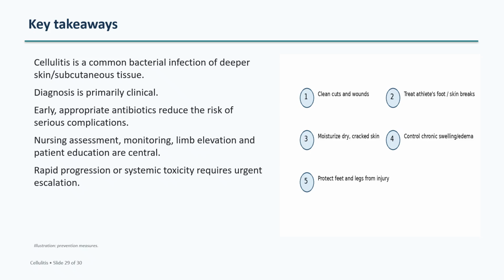We also learned what nursing assessment is required in the patient, and how much monitoring is needed. We also learned about limb elevation required in this disease. We understood what patient education should be given to the patient, and how important it is.